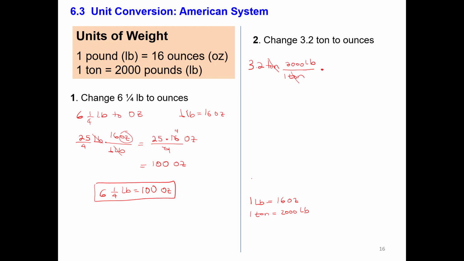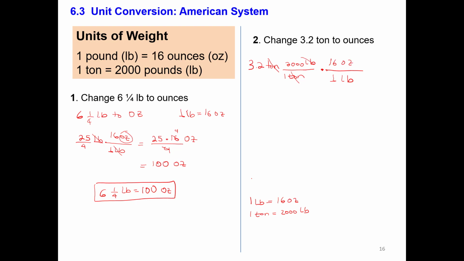But we don't want the answer in pounds. We want the answer in ounces. Then we will use the next conversion factor. The right way to write it is so the pounds cancel out: 1 pound in the denominator and 16 ounces on top.